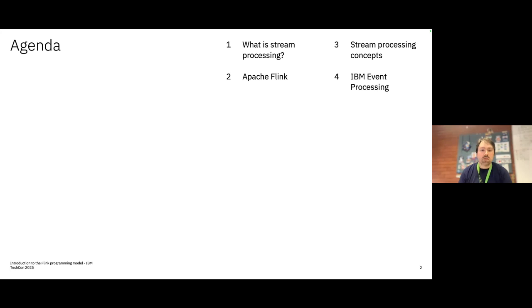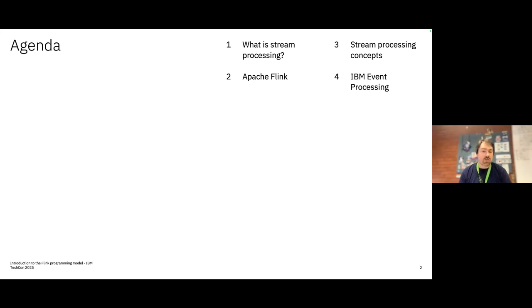So we're going to be talking about 4 main points today. So the first, introduction into stream processing, the actual use cases, etc., that are essentially the reason for Apache Flink's existence. Talk a little bit about Apache Flink itself as a runtime engine.